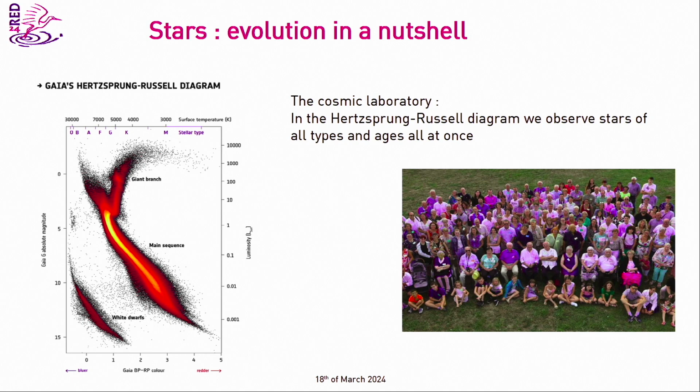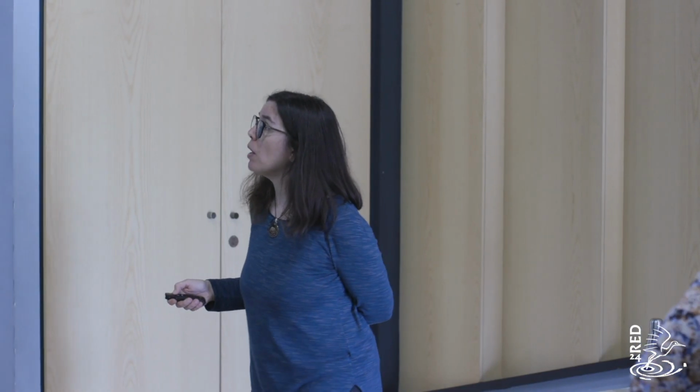The first time Hertzsprung and Russell did this, they weren't expecting anything, but if you don't know and you look randomly at stars, you would expect a random distribution, so points everywhere. But there are not points everywhere. And they found that there's what they call a main sequence.